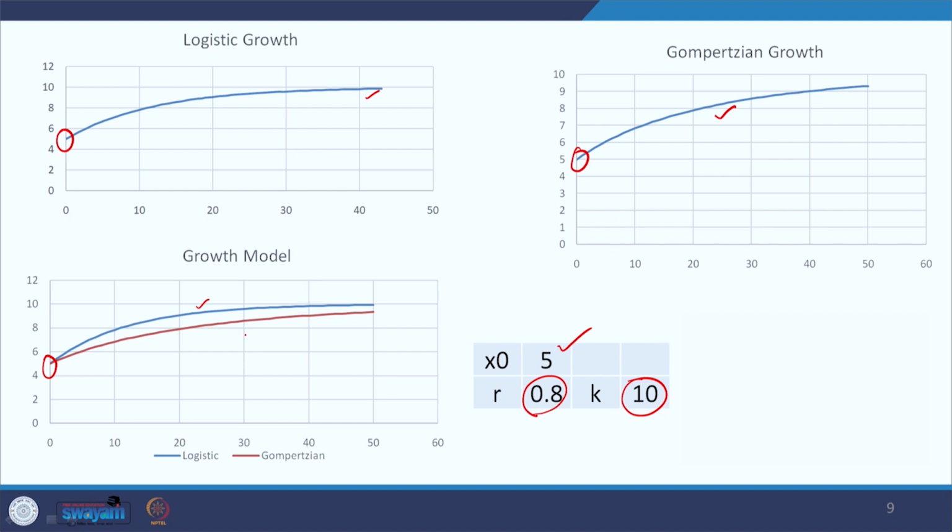In some data, you will see that this logistic growth function, which is of the form Rx into (1 minus x by k), fits better than the Gompertzian function, which is Rx ln k by x. So, that way we choose which growth function will be better for a particular model, whether it will be a logistic growth or a Gompertzian growth. Both depend on the kind of data which you get from the real life scenario.